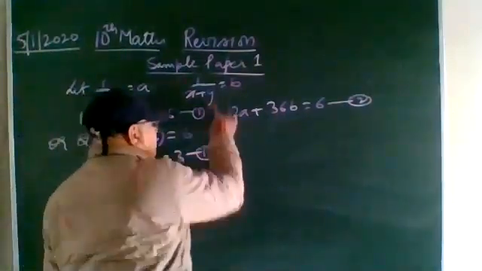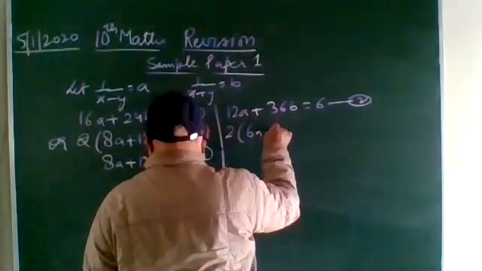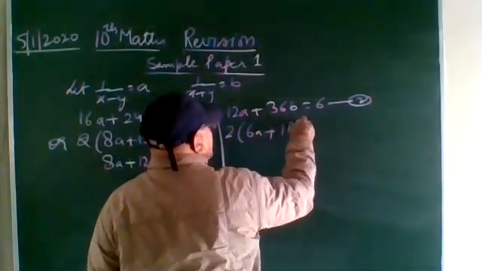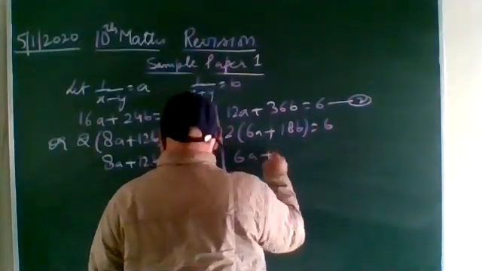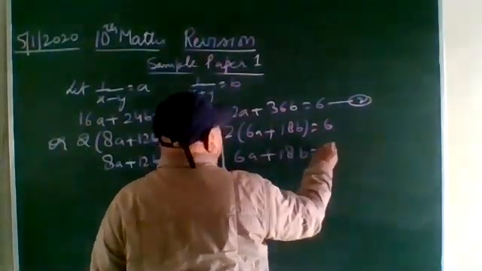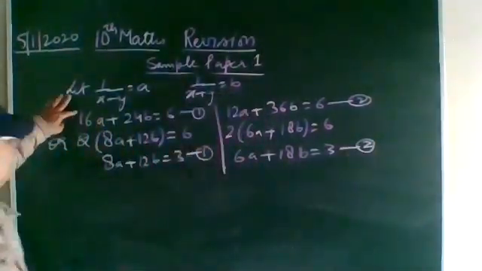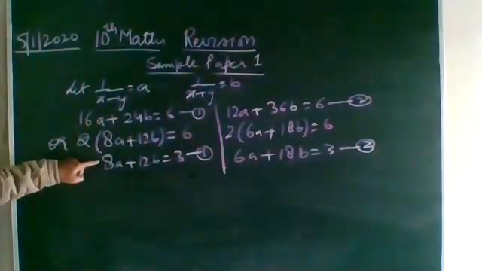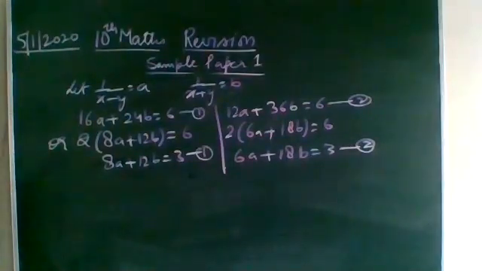Again 2 common: 6a plus 18b equal to 6, that is 6a plus 18b equal to 3, the second equation. Some students write like this, some like that. No matter how you write, mainly the equation should be correct.